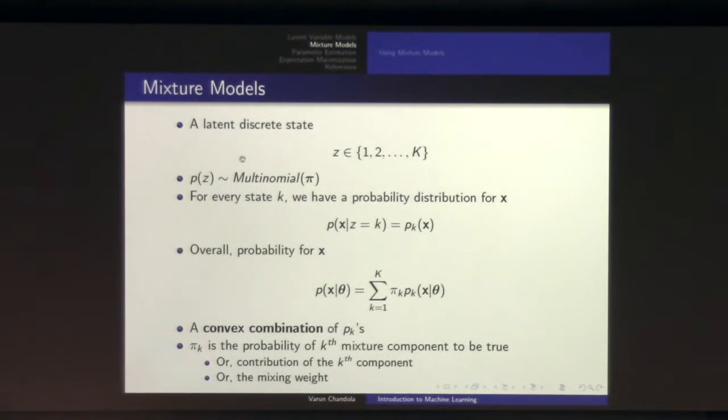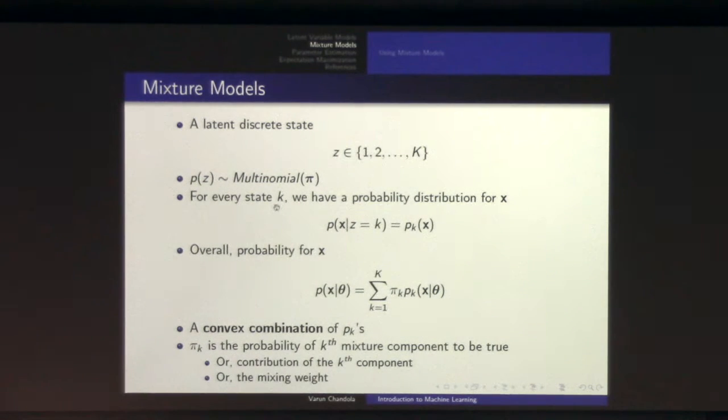For example, a roll of a dice is typically modeled as a multinomial distribution because it can take 6 values. A simpler form of multinomial is of course binomial or Bernoulli, in which z can take only 2 values, 1 or 2, or heads or tails, right? In that case, we only have a number pi, a scalar value between 0 and 1.